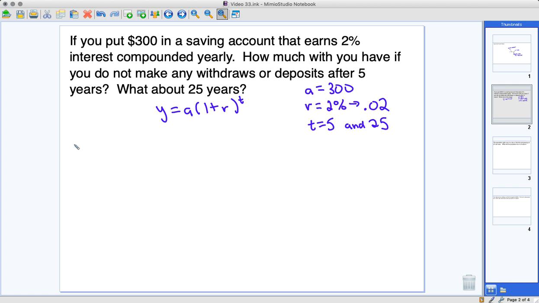You first start with y equals 300(1 plus 0.02) raised to the 5th power, and y equals 300 times (1 plus 0.02) raised to the 25th power. We're going to take those and type them into a calculator.